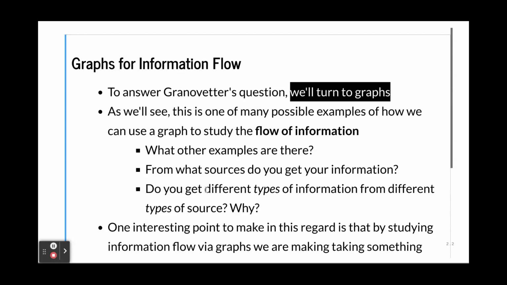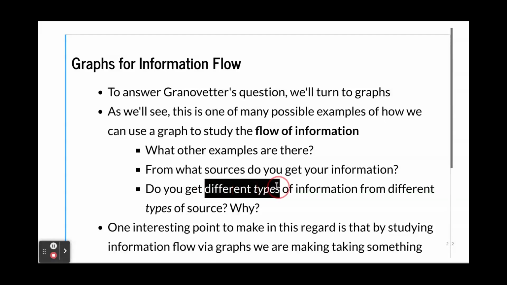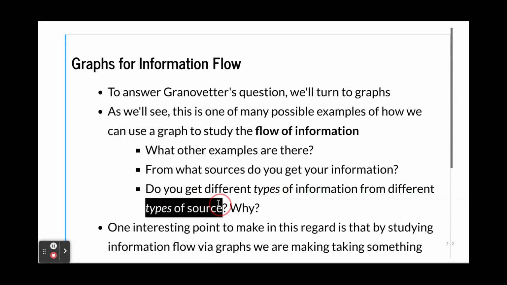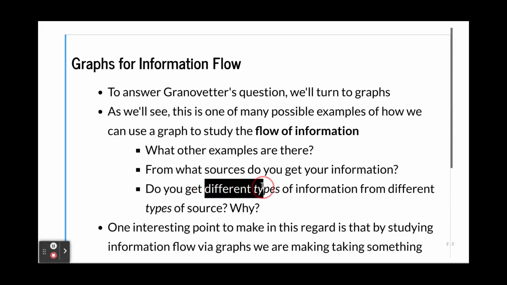And you might think about whether you get a certain type of information from a certain type of source. Maybe you get your celebrity gossip and news from social media, where you get your updates on your work expectations from an internal memo or newsletter sent within your company. So you might be thinking, well, why do I get different sources of information from different places?